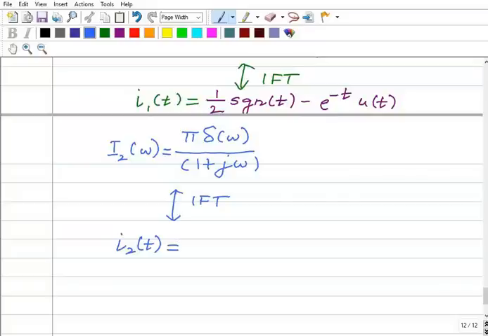Forward Fourier transform, inverse Fourier transform, just refer to it. It is 1 by 2 pi integral from minus infinity to plus infinity of capital I2 of omega e power j omega t. Is it with respect to dt or d omega? d omega.